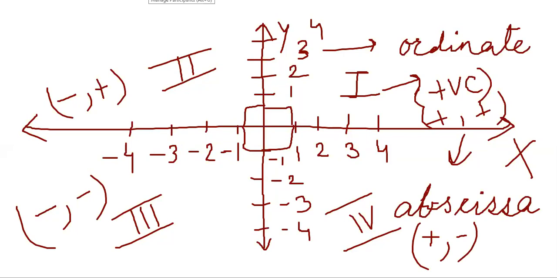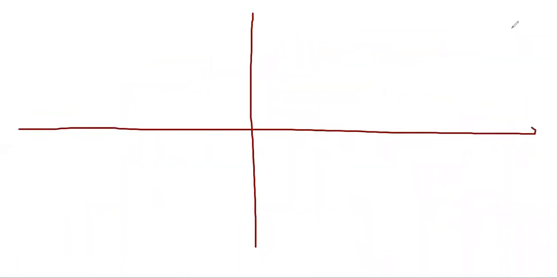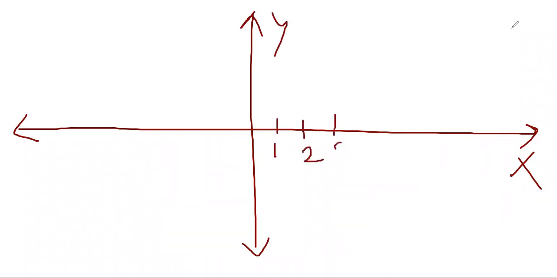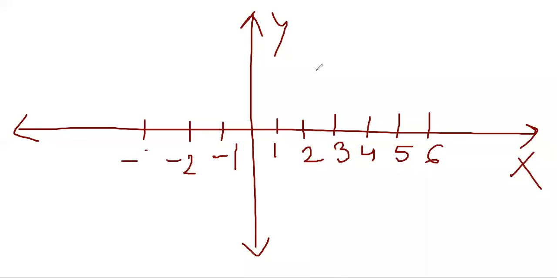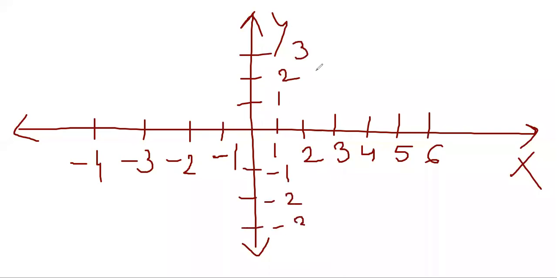Now, we did plotting the numbers also. How to plot the numbers on these two coordinate axes. Take here 1, 2, 3, 4, 5, 6, -1, -2, -3, -4, 1, 2, 3, -1, -2, -3.